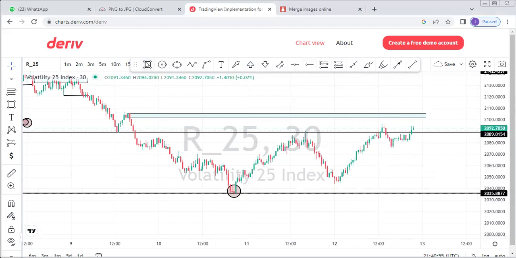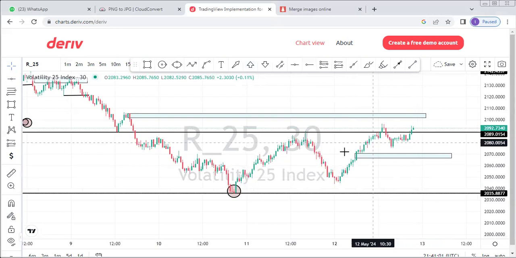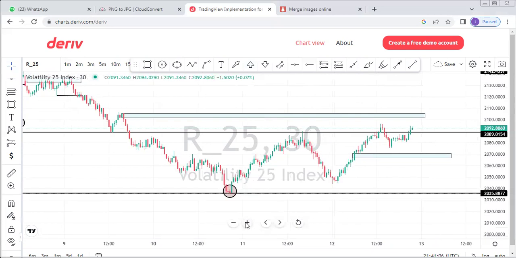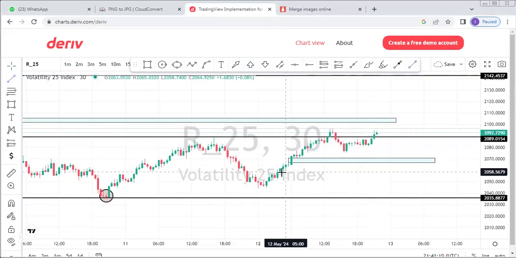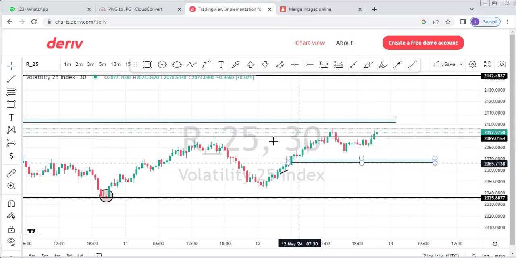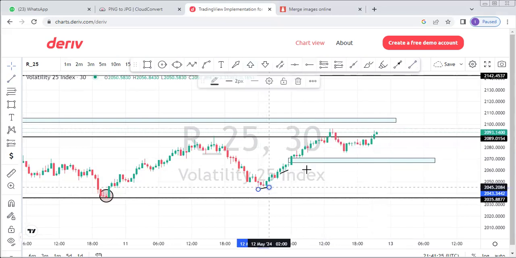So we have liquidities, like we have a fair value gap that has been created by the market here. Okay, and we have some liquidities as well. Let's just zoom here, which is the trend line liquidity as well. And then we have that liquidity as well that you see there, which is down here. Okay, this is our liquidity as well.